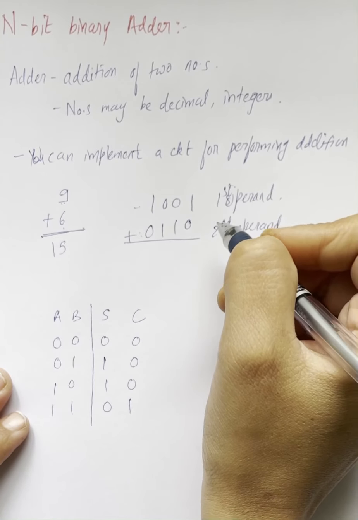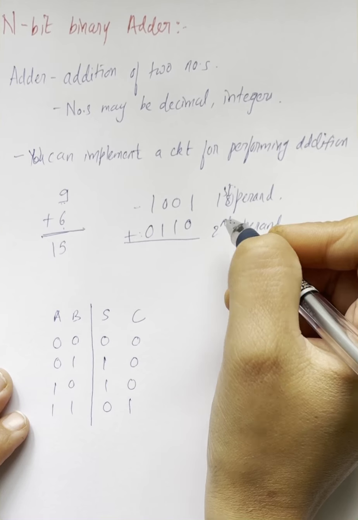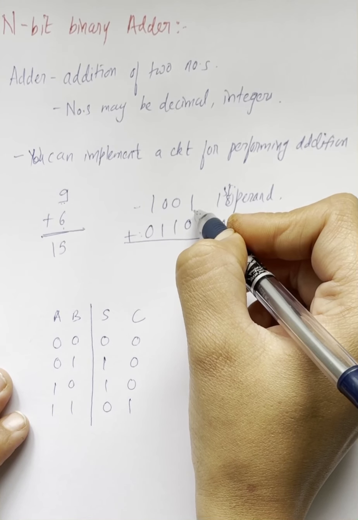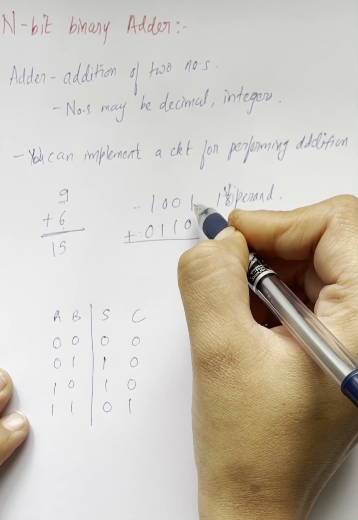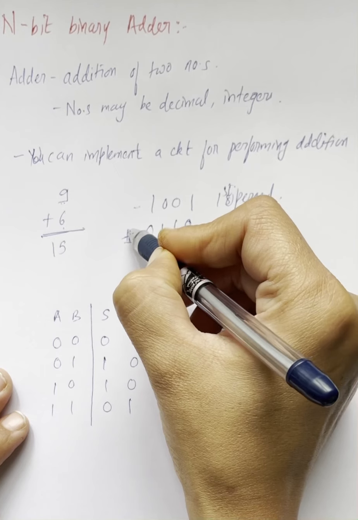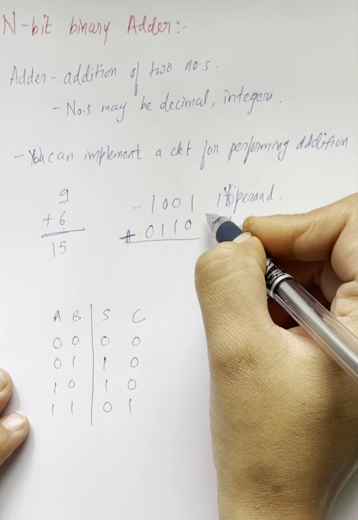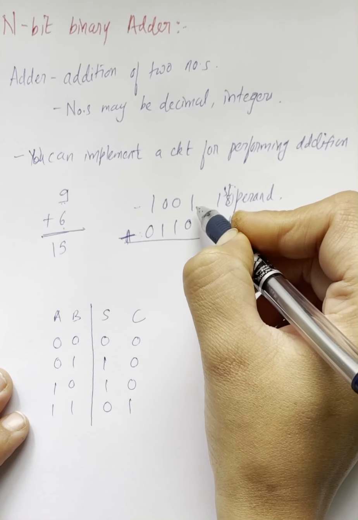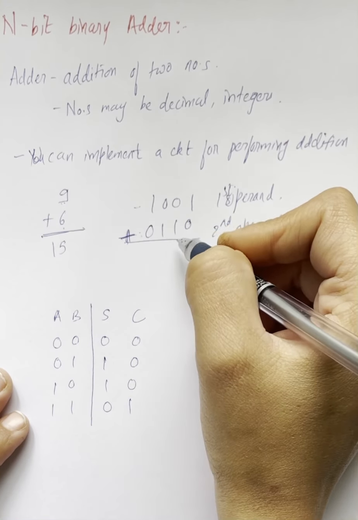So whenever we are going to perform addition of two operands or two binary numbers which have n number of bits, this is an n-bit binary adder. Why is it called an n-bit binary adder? Since we are performing addition, that's why it is called an adder, right? As well it is called a binary adder. Why? Since we are performing addition of binary numbers, right?